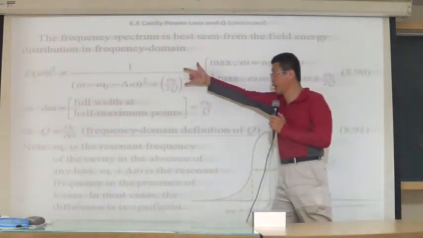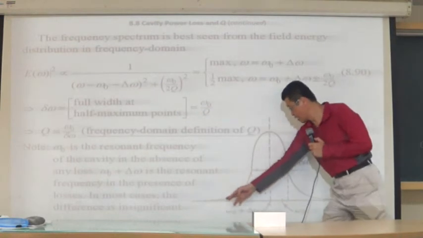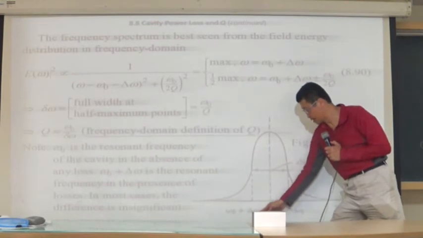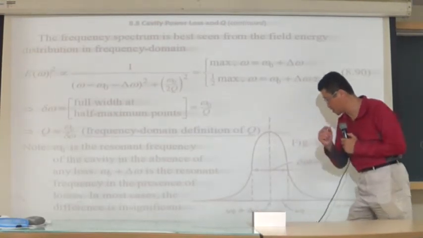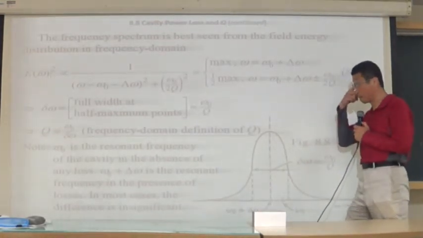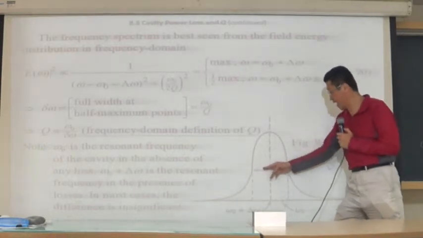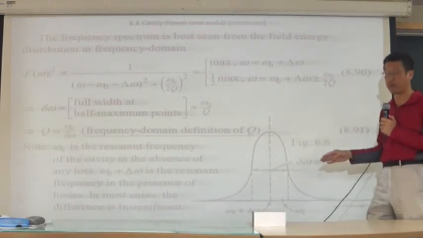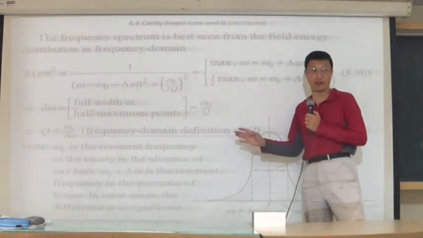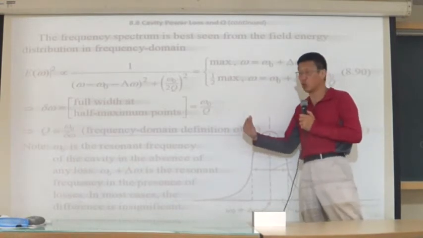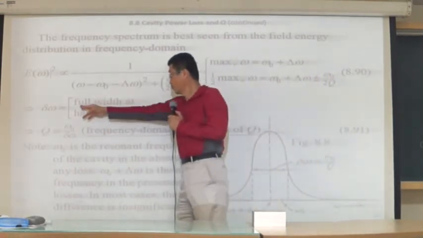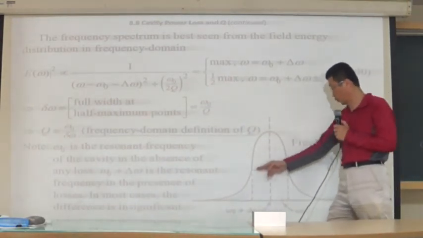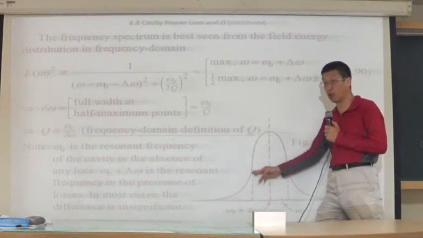So let's have a look at the frequency response. It looks like this one. This is omega 0 plus delta omega, but we know delta omega is very small. And we have the full width at half maximum: the width at half of the height. Okay? Full width at half maximum points, 2 points, 1, 2, above and below.